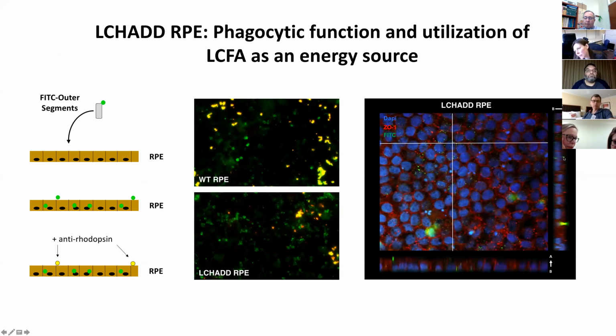And you can see that the green dots out here on the edges are outer segments that are still stuck to the surface, but you can clearly see that some of them have been phagocytosed into the cell. These we can actually visualize in the cell. So overall, this suggests that our RPE are functional, and that they can take up outer segments.